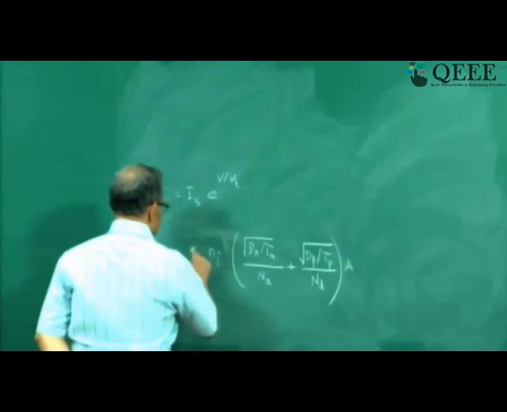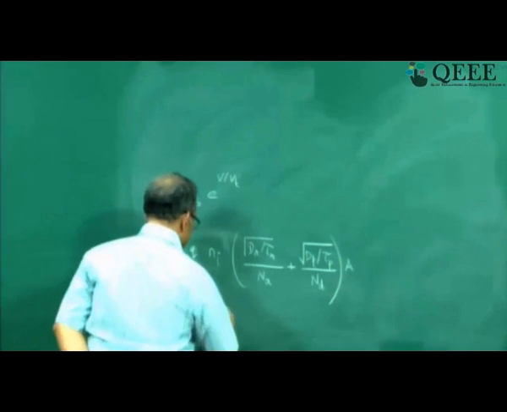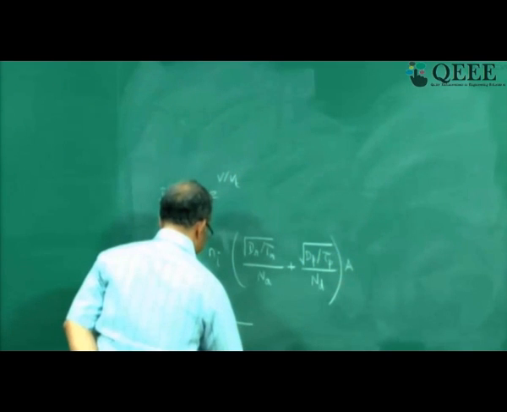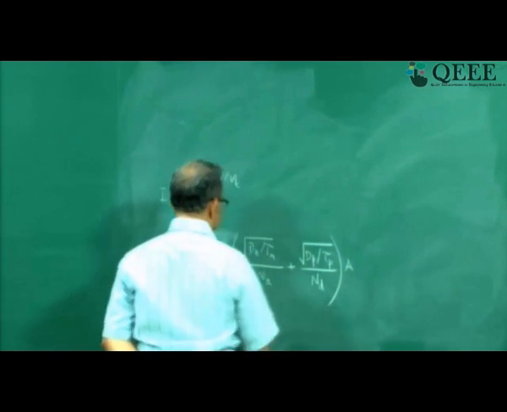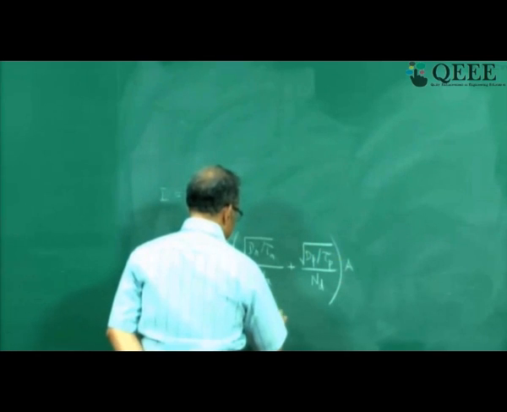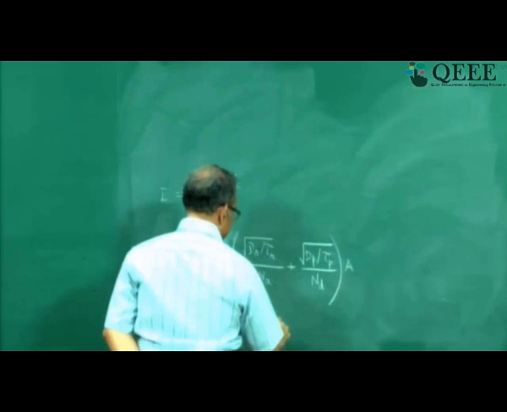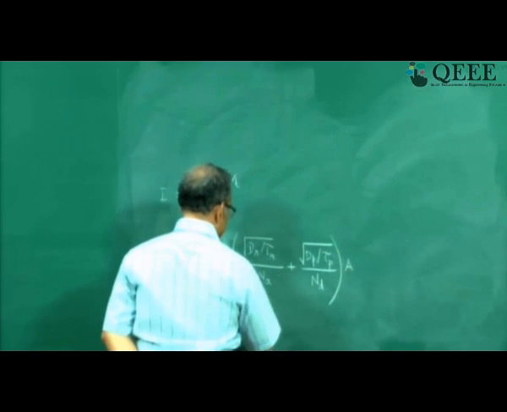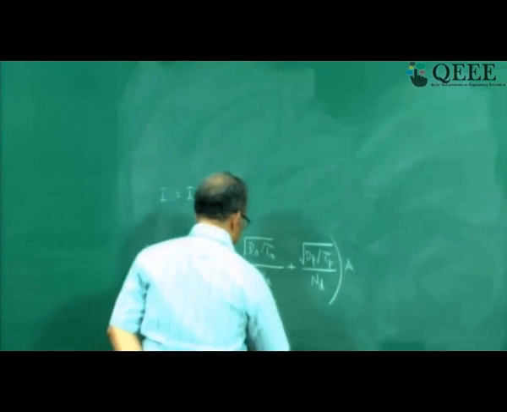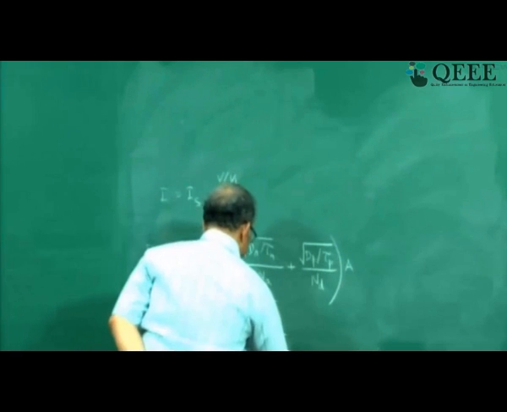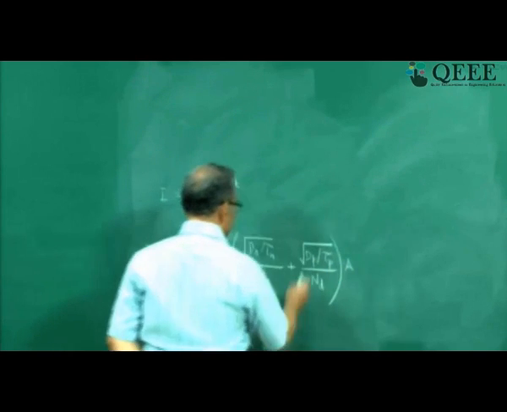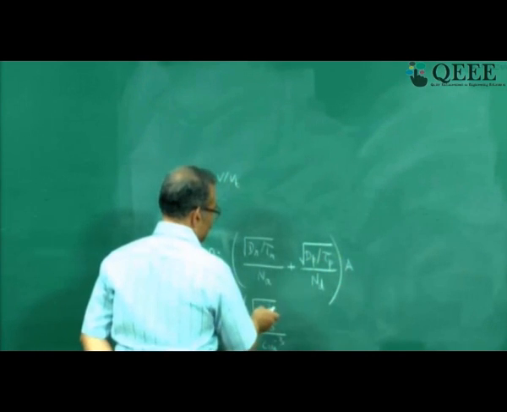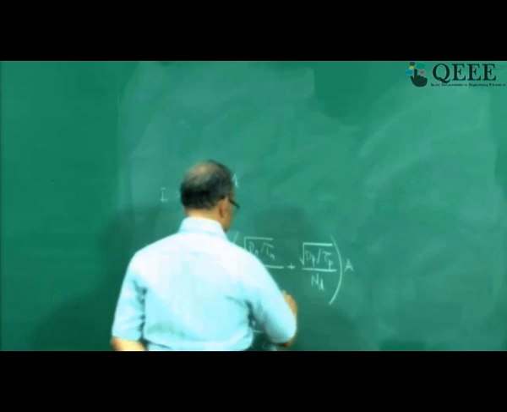Now let me put the units. Q is coulomb, Ni is per centimeter cube. Then I go inside the bracket, dn is centimeter square per second and tau n is seconds, and this is square root, divided by doping, this is per centimeter cube. Now this will have the same units, so I am not writing these units separately because as far as units are concerned this is the same.